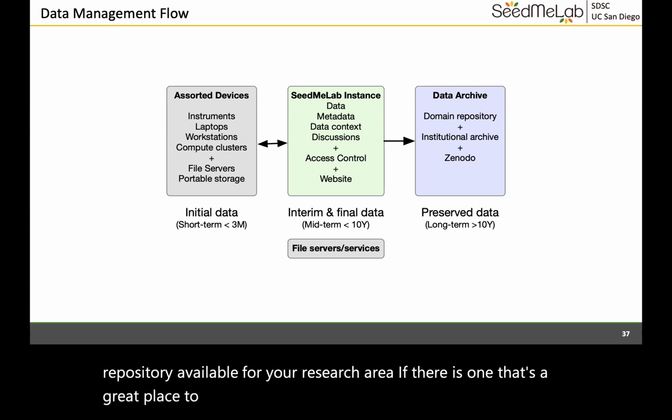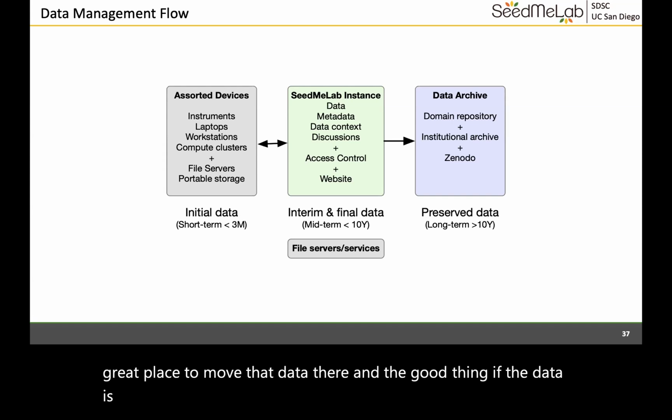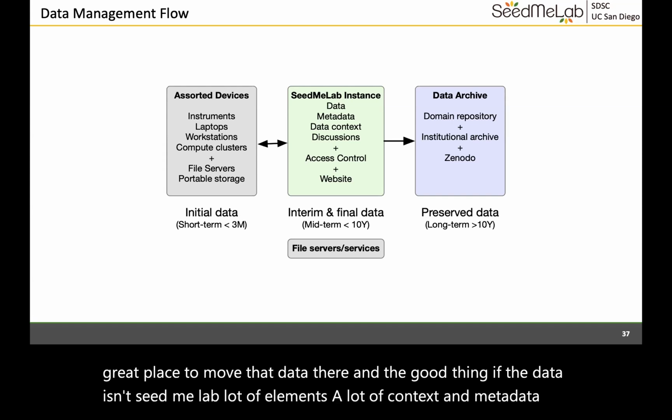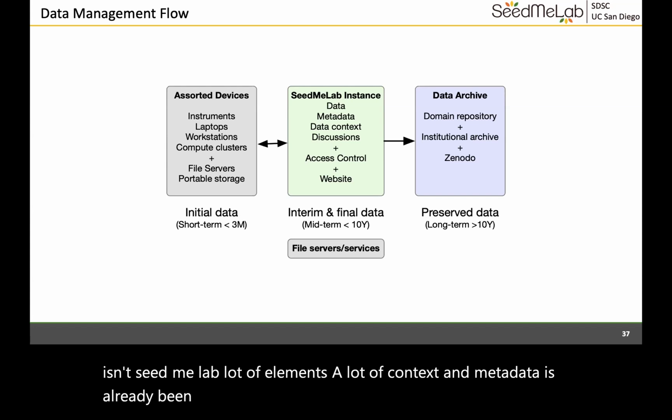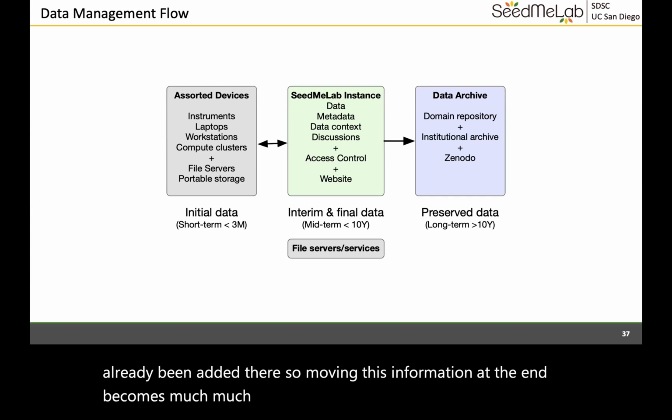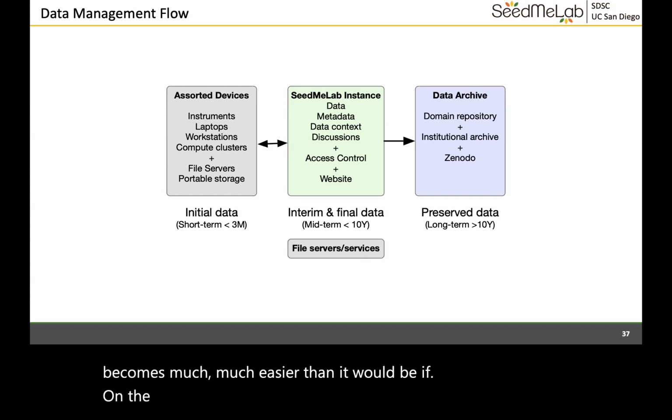And the good thing is if the data is in SeedMeLab, a lot of context and metadata has already been added there. So moving this information at the end becomes much easier than if all the context and other information was spread around in too many places.